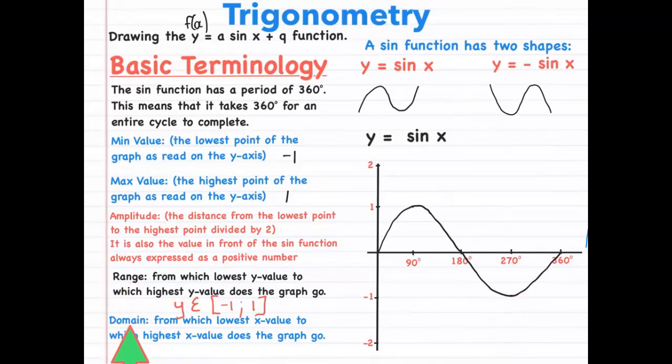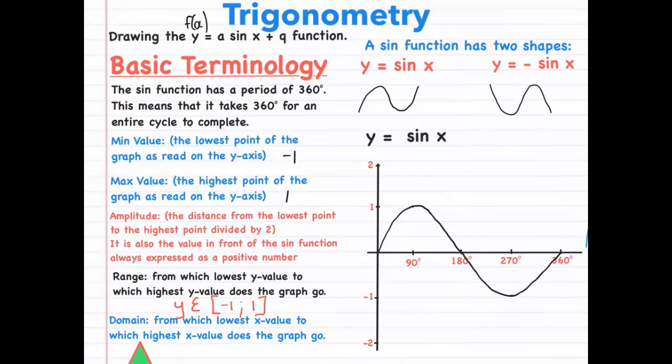The domain basically wants to know from which most left value to which most right value do we go. Okay, so how far left to how far right? That is what the domain asks. So from which lowest x value to which highest x value does the graph go? Well, the lowest x value is 0 and it continues all the way right until we get to 360. So how will we write this?